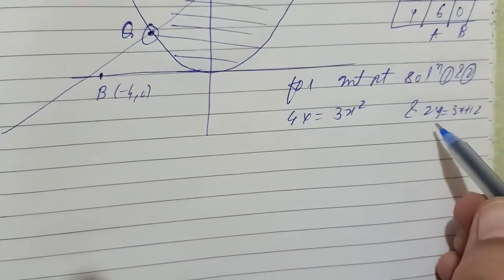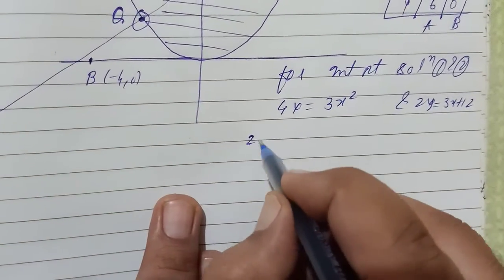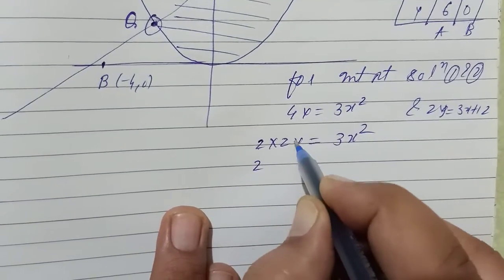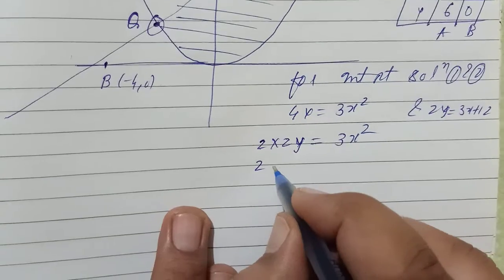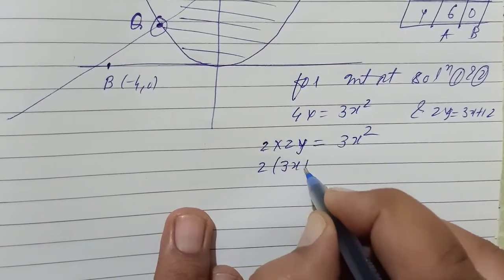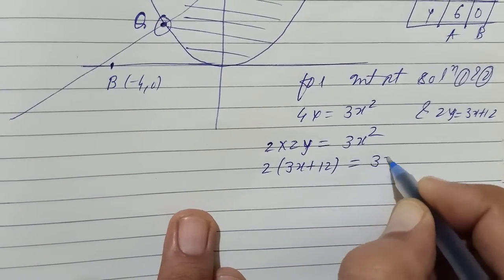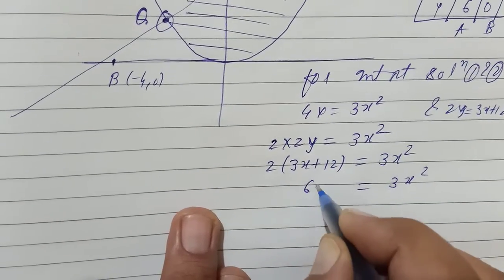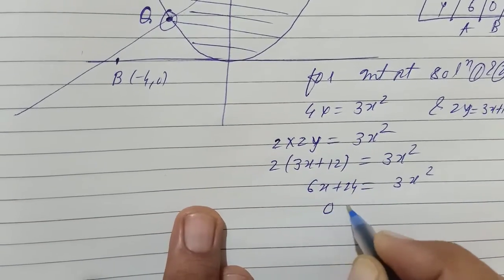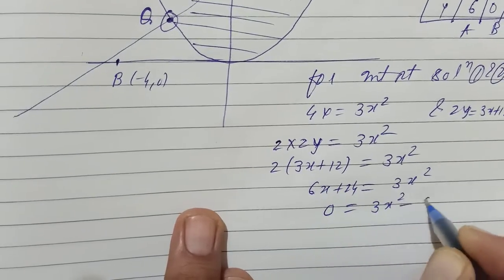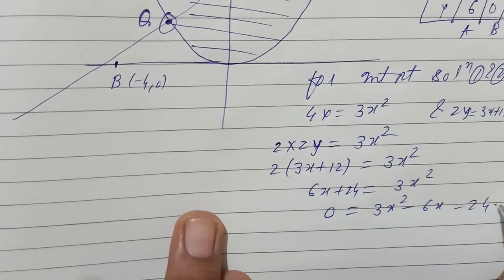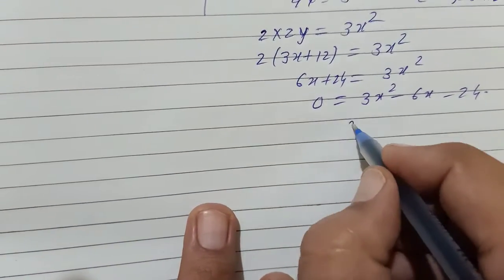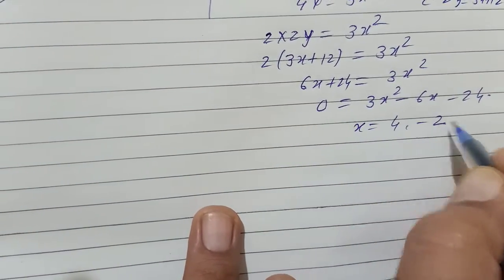If you are solving, you can write 2 into 2y equal to 3x square, and in place of 2y you can write 3x plus 12, equal to 3x square. So this is 3x square minus 6x minus 24 equal to 0. When you are solving, you will get value of x is plus 4 and minus 2.